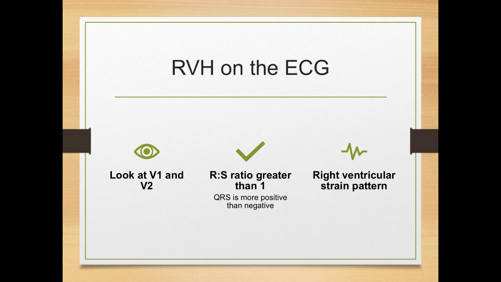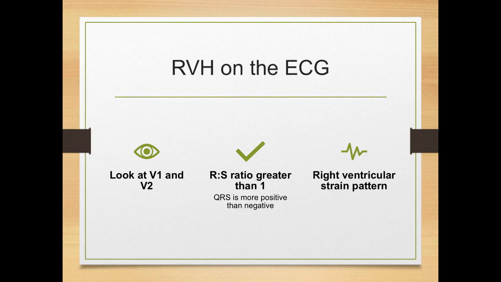So looking at V1 and V2, in either of those leads, is the QRS complex more positive than it is negative? You might have it in both, or you might just have it in one, and that's fine. If it is, we've got right ventricular hypertrophy.